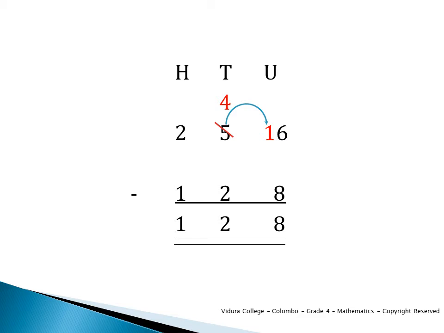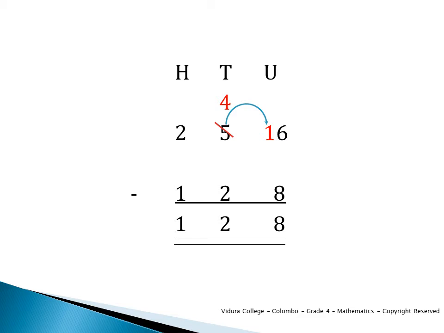In the tens place, 5 became 4 as shown. Now we can deduct 8 from 16. What is the answer, children? Yes, 8. As shown below the line, you want to write 8.